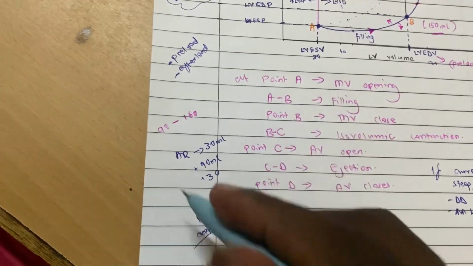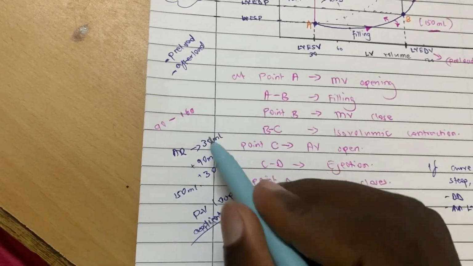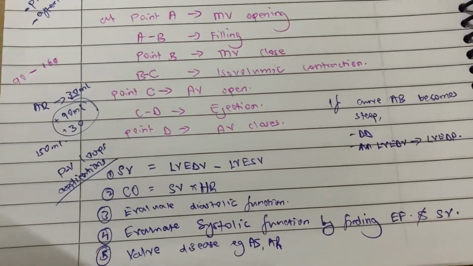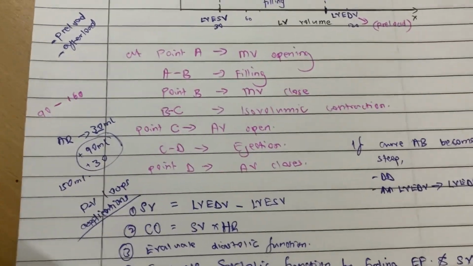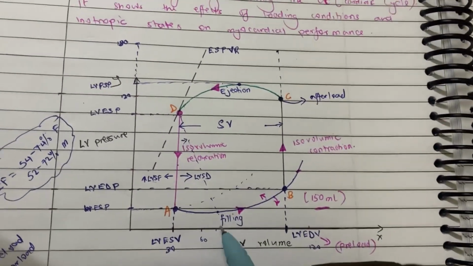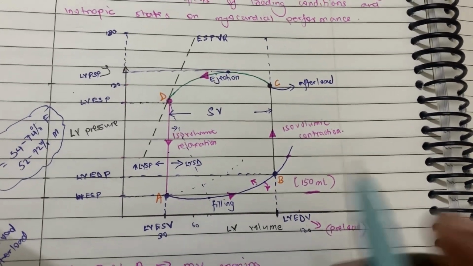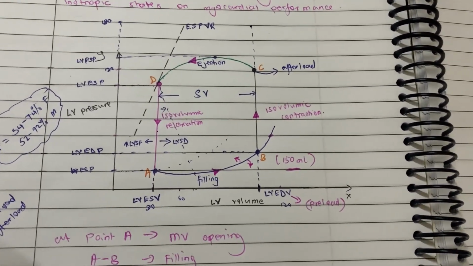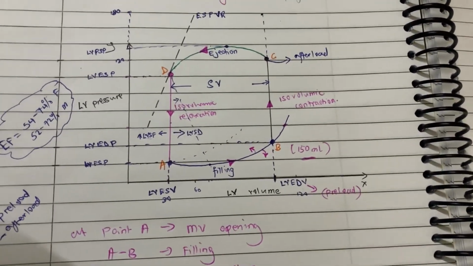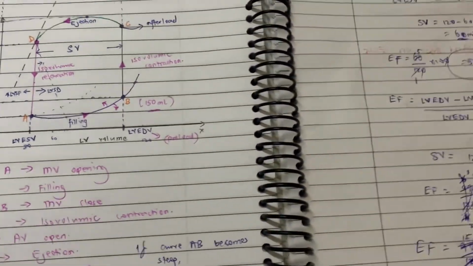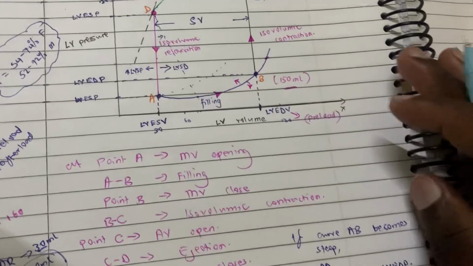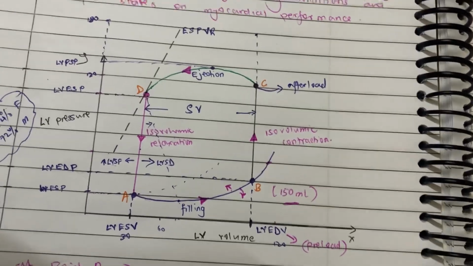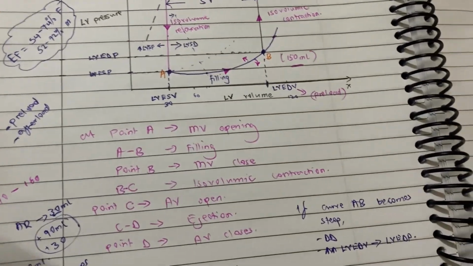So in this case, it will be 150 ml: regurgitant volume plus the normal volume. The filling will start when 60 ml is already there, and then it adds the 90 which is coming in. Yes, so we can use it to evaluate valve diseases.